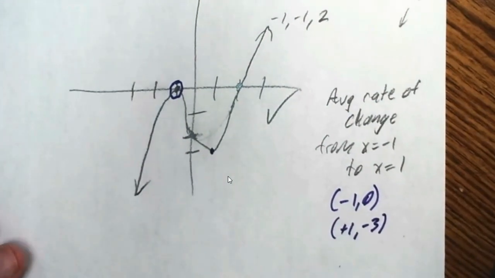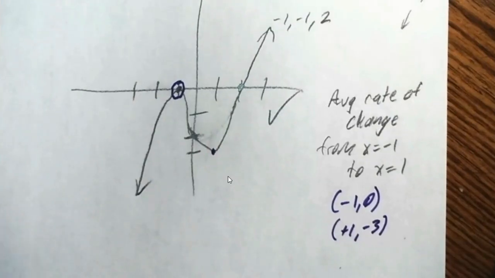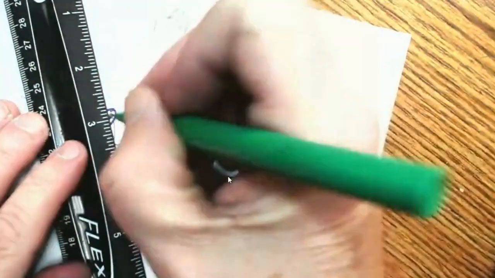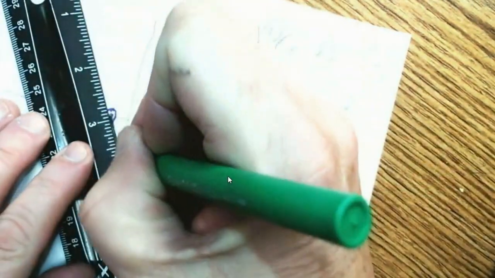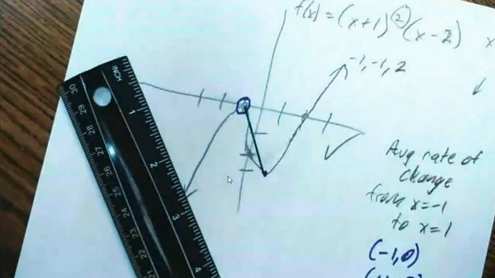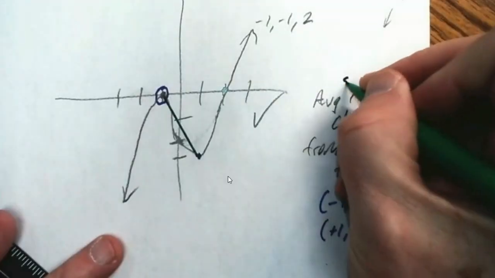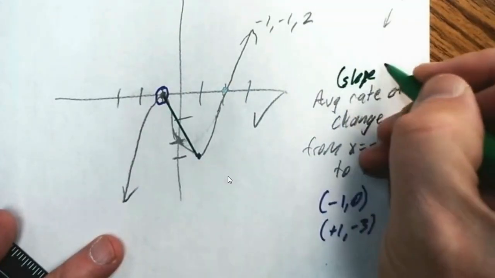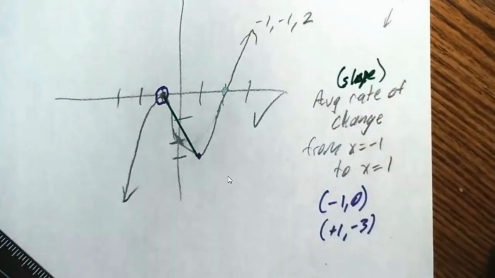And it wants to know the average rate of change, which means if I took my ruler and I made a line that connected those 2 points, what's the slope of that line? Because average rate of change means slope. Average rate of change is slope.